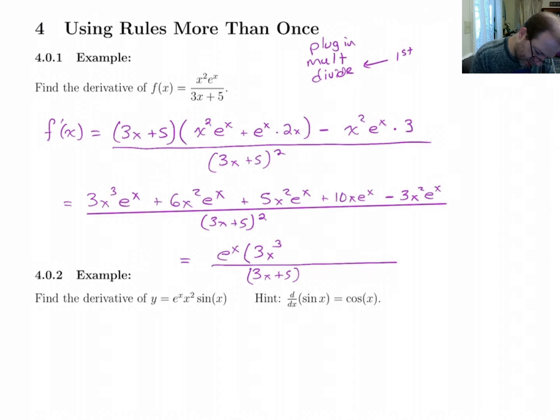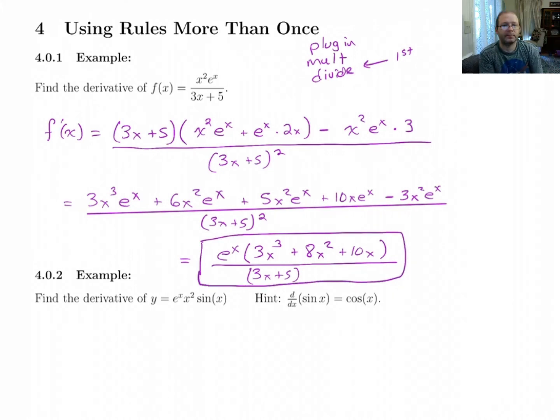For x squared, that's where we'll combine stuff. We've got 6 plus 5 is 11, minus 3 is 8. And what's left? Just this one, 10x e to the x. So this is our derivative. I could factor out another x, but I don't have space, so I'm not going to do it.